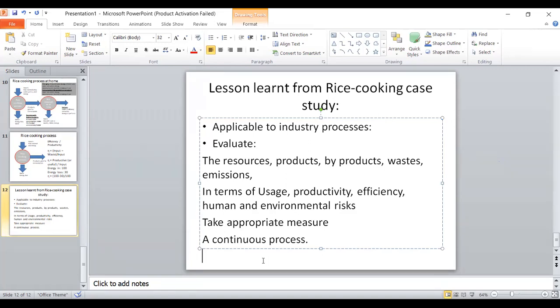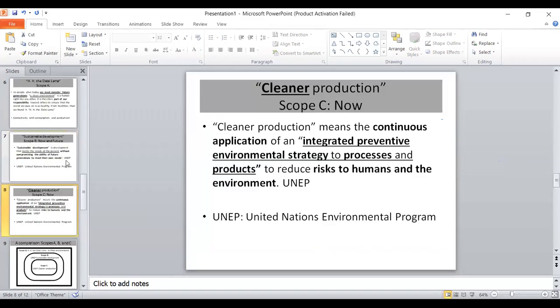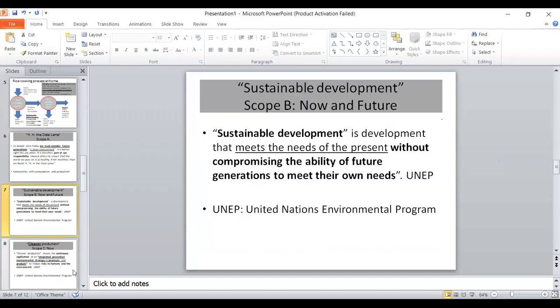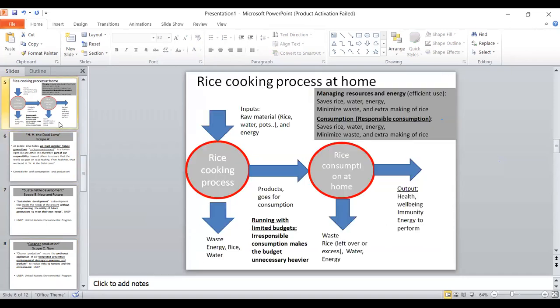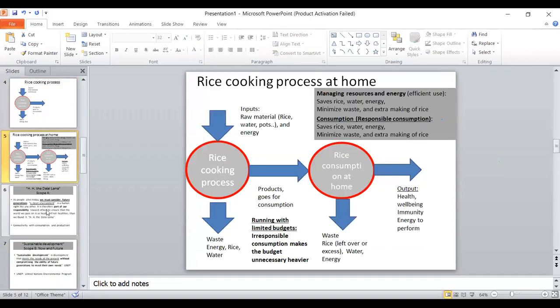So today, this nice example, of course connected with industry aspects as well, but also you have learned these three definitions. So think about this. If you pour some water into a glass to drink, you should consume it. You cannot drink part and throw out the balance.